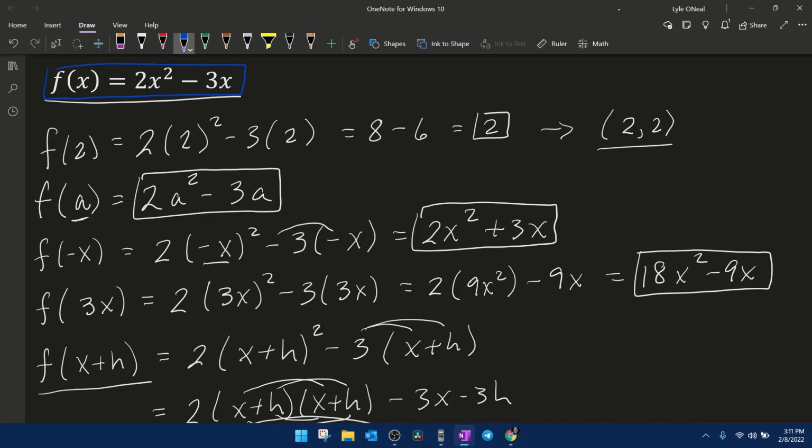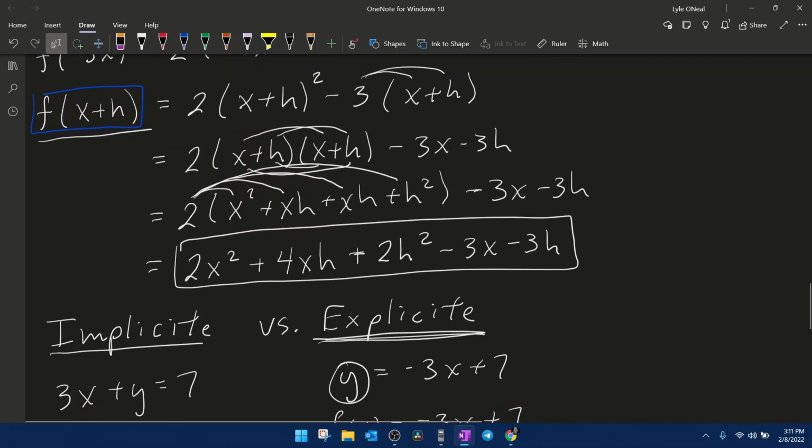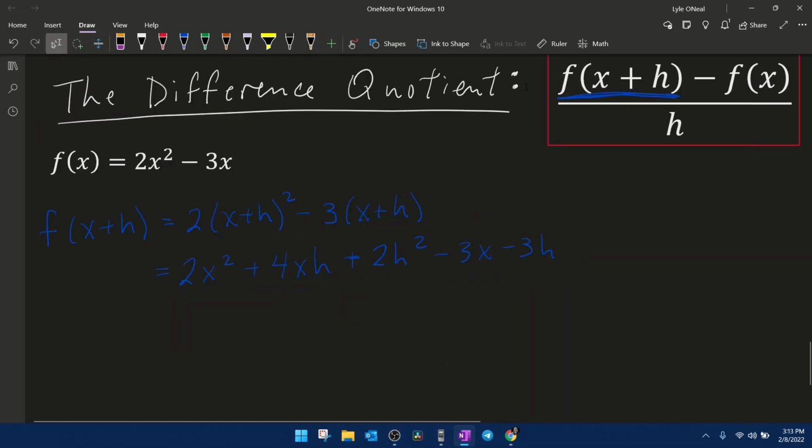That's the same function we're dealing with. And we did calculate f of x plus h. Here's all the work for that, and this result is what we need. Here I simply copied and pasted the previous result. You can go back and review how we got this if you need to.